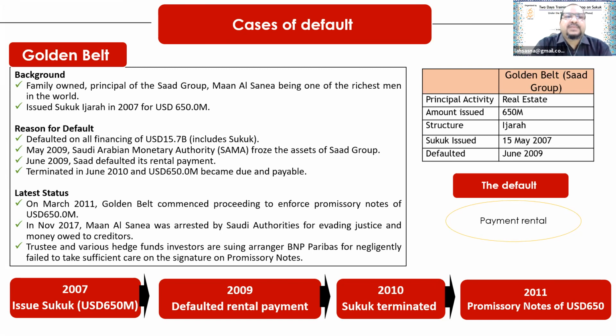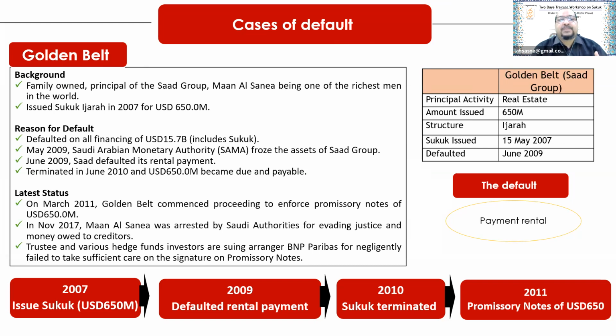So background: it is a family business, owner of Saad Group, one of basically the richest people in the world, and they issued Ijara Sukuk in 2007 with 615 million. So it has a risk there. Keep in mind, when I receive some of the questions, I mentioned how to choose your business based on your expertise.